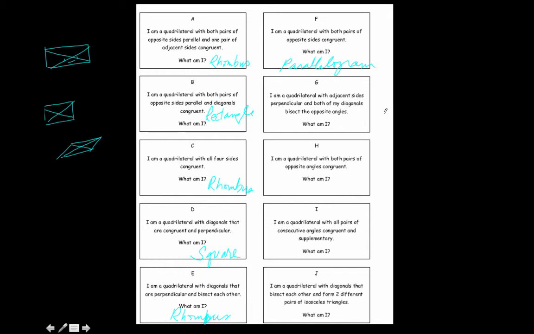Adjacent sides are perpendicular, so you're at least a rectangle now. And both diagonals bisect the opposite angles. So if you're a plain old rectangle, then when I draw this diagonal, because this side is bigger than this, this angle must be bigger than this one, which means it's bigger than this one, right?